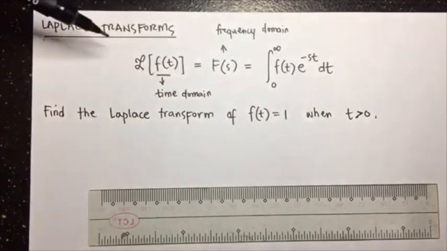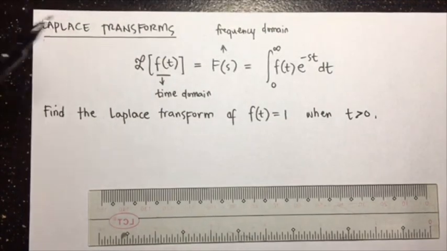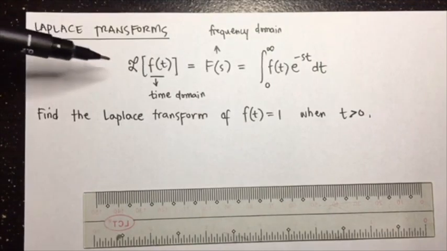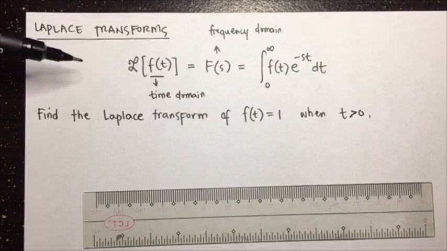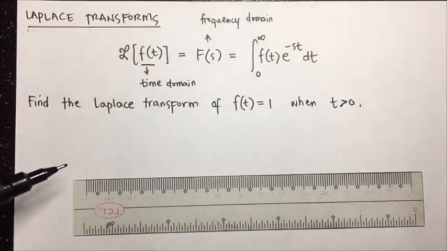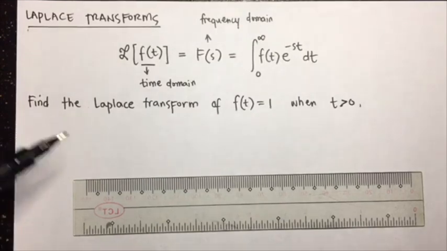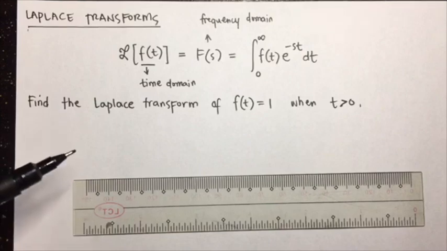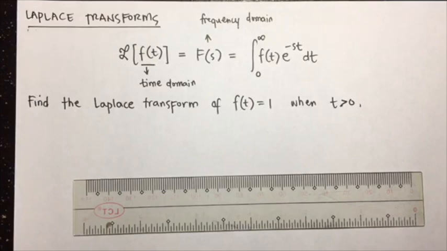Later on we will see the formulas for Laplace transforms, but for the meantime we'll derive some of the easier ones, and then from there we can just memorize the Laplace transform formulas.